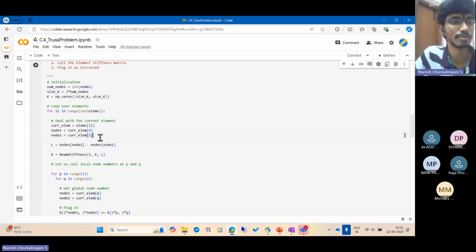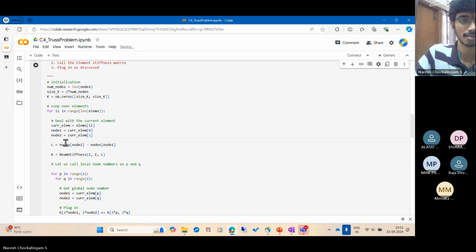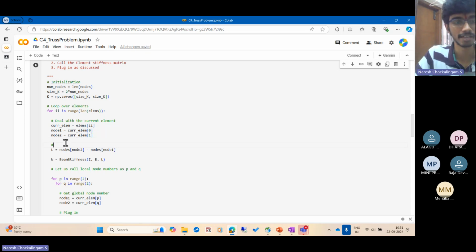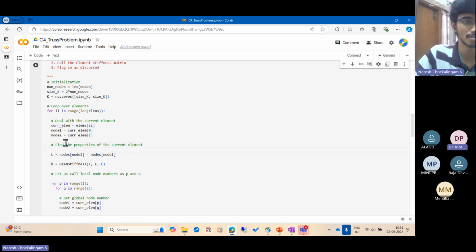Is that enough? No. How do you find the length? You can tell me the code to find the properties of the element. What are the properties? Length and angle. So how do we find the length?